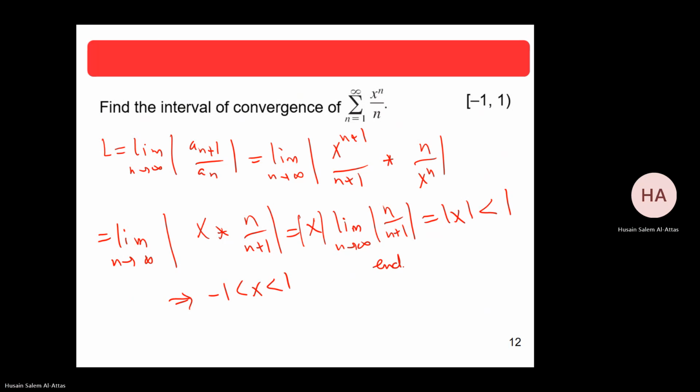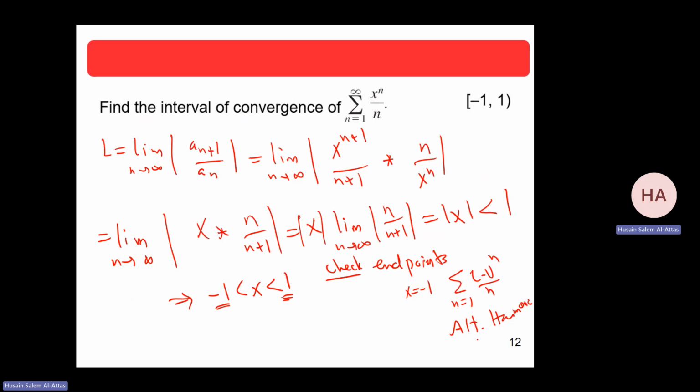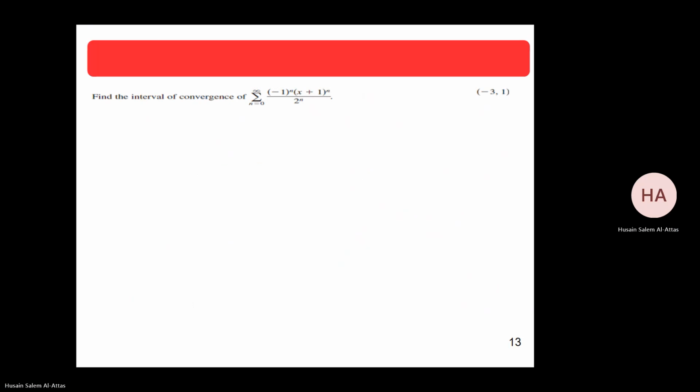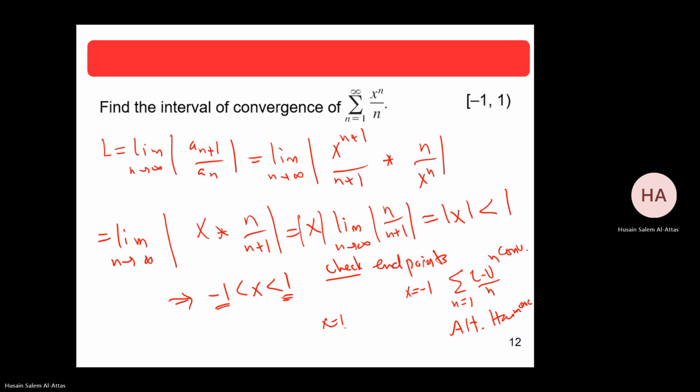Now what will I do? Check endpoints, which are -1 and 1. x equals -1. What will happen? I have the summation from n equals 1 to infinity of -1 to the power n over n. What is this? This is the alternating harmonic series, so it converges. Check x equals 1. What will you get?